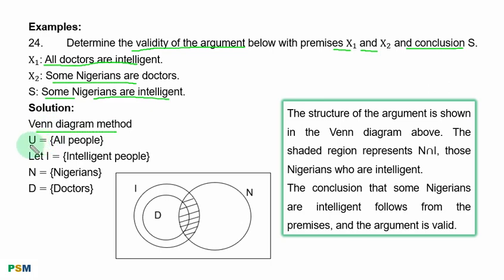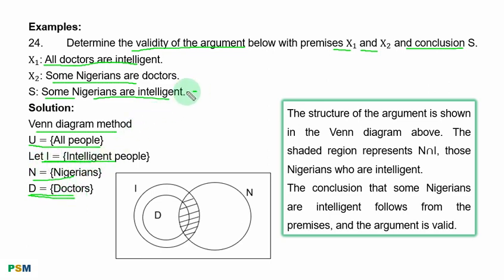We have U, universal set, all people, and we have the following subsets: I, intelligent people; N, Nigerians; D, doctors. From the first premise, the subset doctors is inside intelligent people.